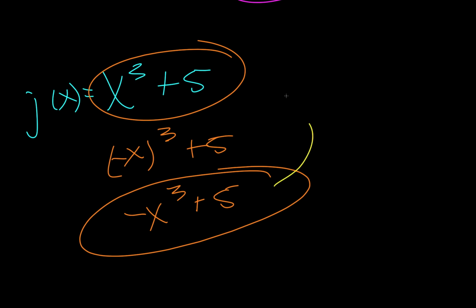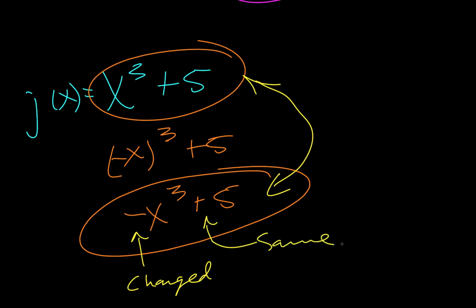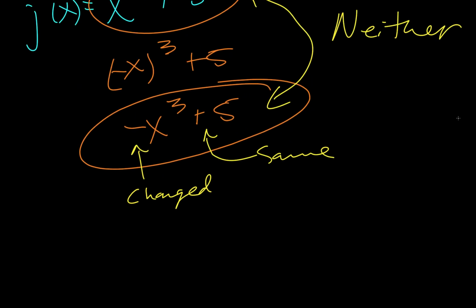When we do that, we see that this changed because up here it was positive, now it's negative, but this stayed the same. So for it to be odd, everything has to change. All the signs have to change. For even, all of them have to be the same. So since one changed, one did not, this is neither. It's neither odd nor even.